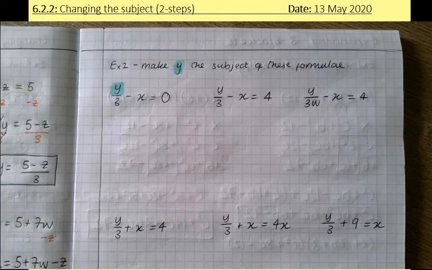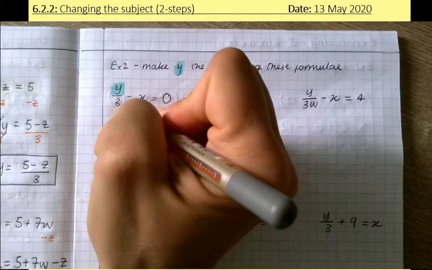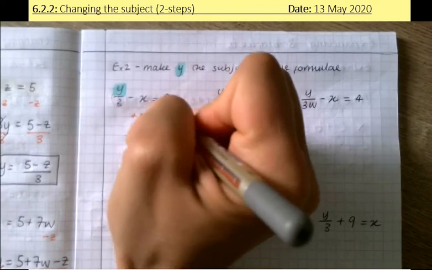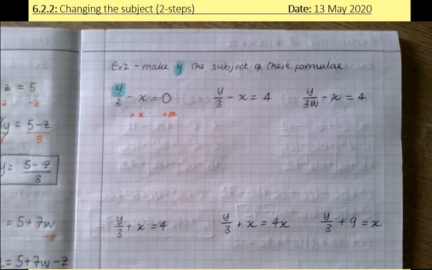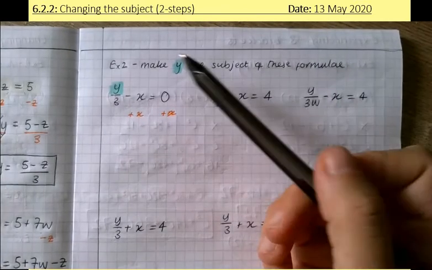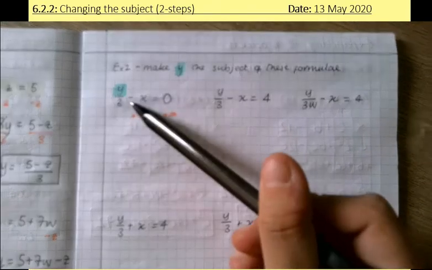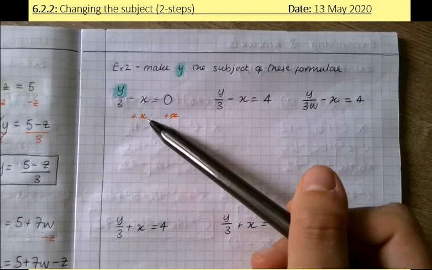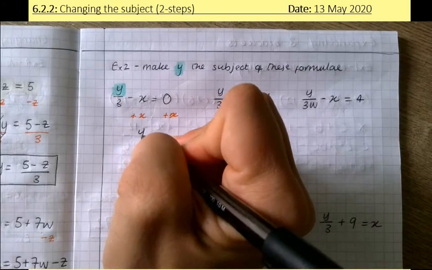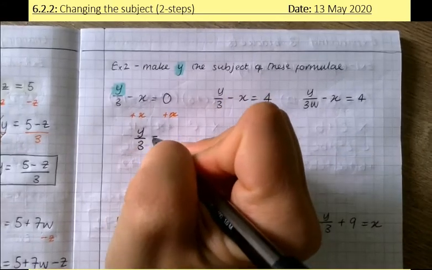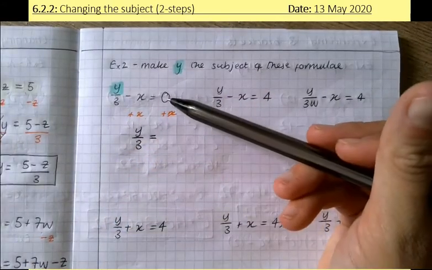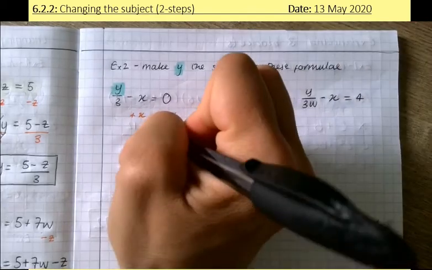So my first step is going to be to add x to both sides. On my left hand side, my subtract x and add x will cancel each other out and leave me with just y over 3. And on the right hand side I've got 0 add x, which is just x.